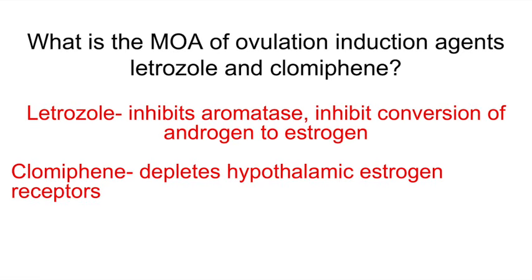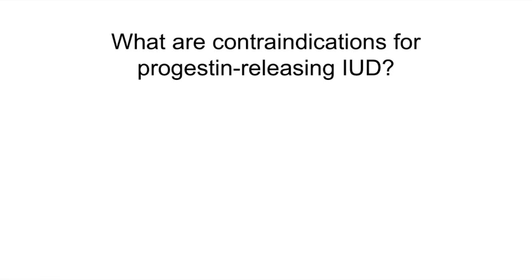What are contraindications for progestin-releasing IUDs? Breast cancer, active pelvic infections, and severe uterine cavity distortion. So knowing the contraindications of different contraceptive methods is extremely high yield for exam day. So let's do another one. What are contraindications for copper IUDs?